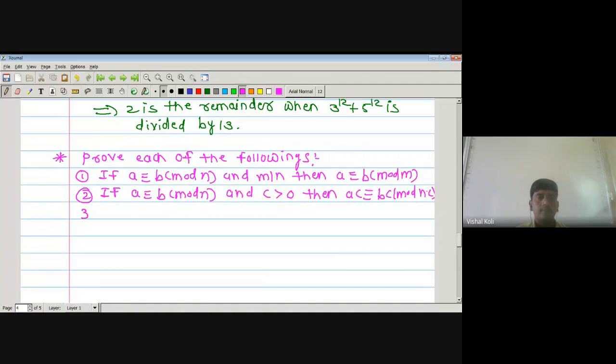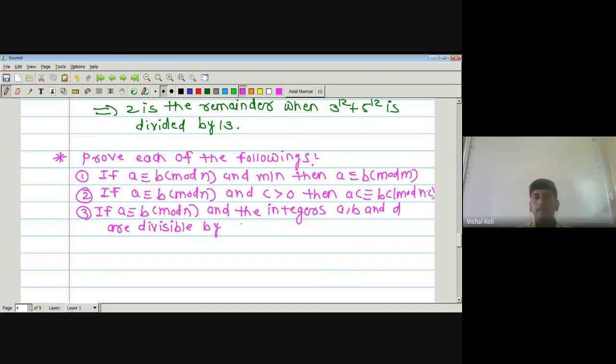Third one: if a is congruent to b modulo n, and the integers a, b and n are divisible by some d greater than 0, then a upon d is congruent to b upon d modulo n upon d.